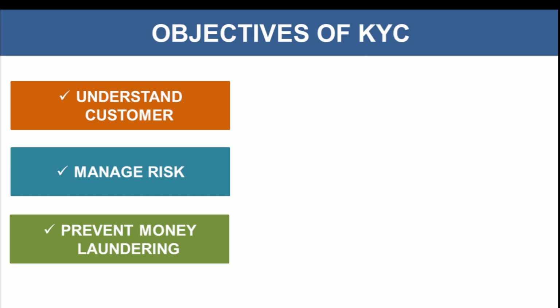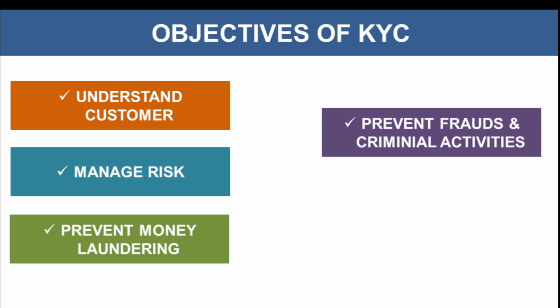By routing their illegal money through banks and financial companies, they try to make their source of money look like legal money. So to prevent any kind of money laundering and criminal activities, that is the very first objective of KYC.